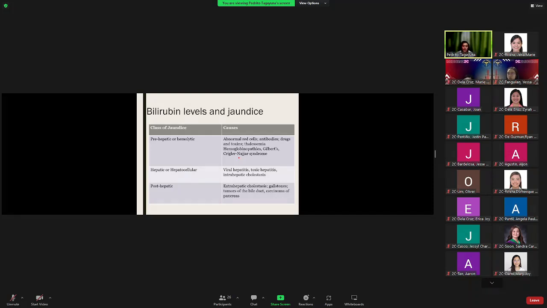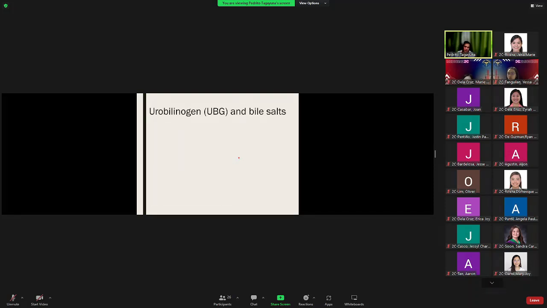Post-hepatic jaundice is caused by stones and tumors of the bile duct, and even in the pancreas, those that can impede the flow to the intestine, like carcinoma of the pancreatic head. We go to urobilinogen and the bile acid. Most of the urobilinogen is metabolized in the large intestine, but some of it is actually excreted in the urine.